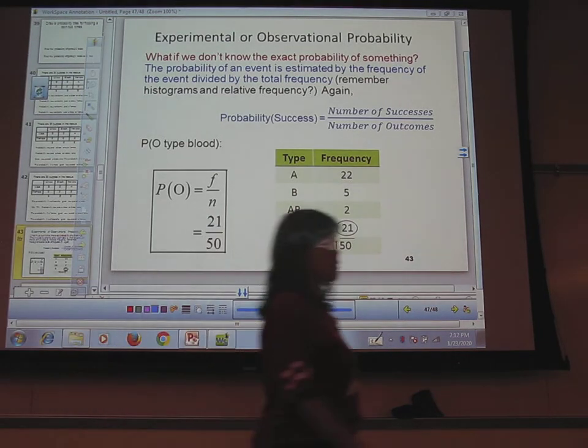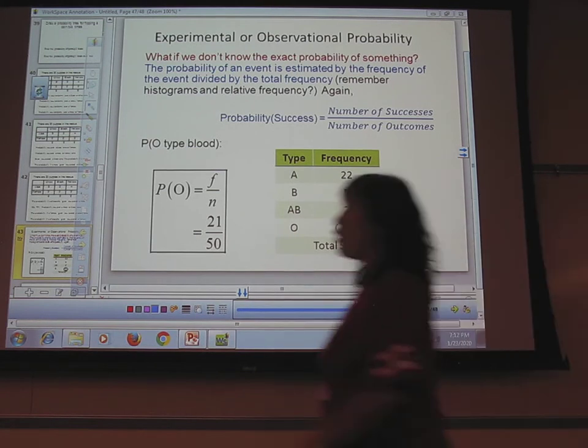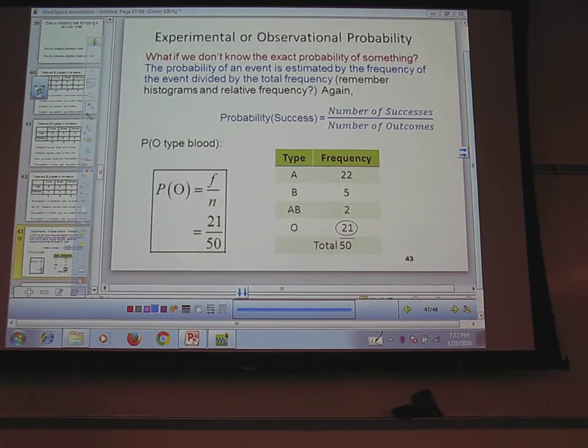So, experimental or observational probability. What if we don't know the exact probability of something? We can estimate the probability by taking a sample and figuring out the frequency of the event divided by the total frequency.